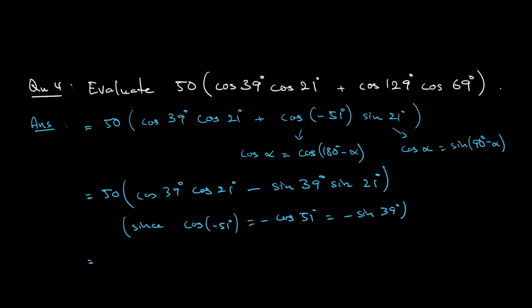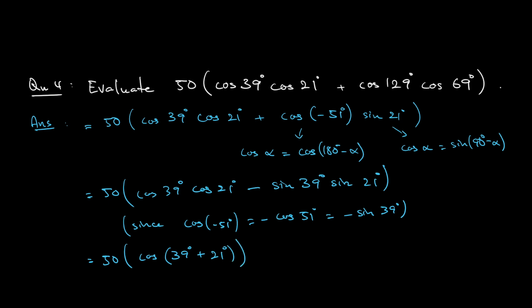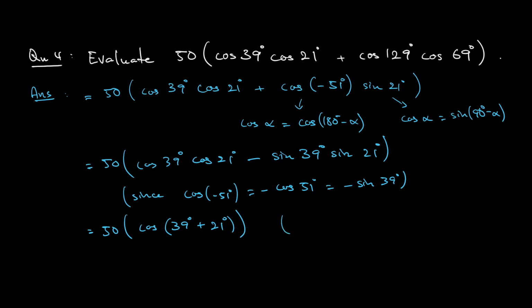This is equal to 50 multiplied by, what do you notice here? Cosine A cosine B minus sine A sine B, right? That means it's just cosine A plus B, which is 39 degree plus 21 degree.